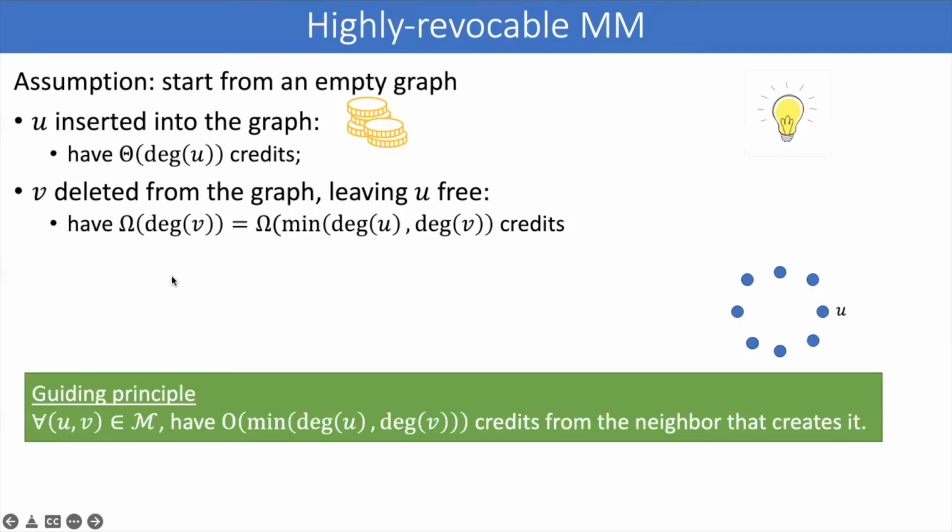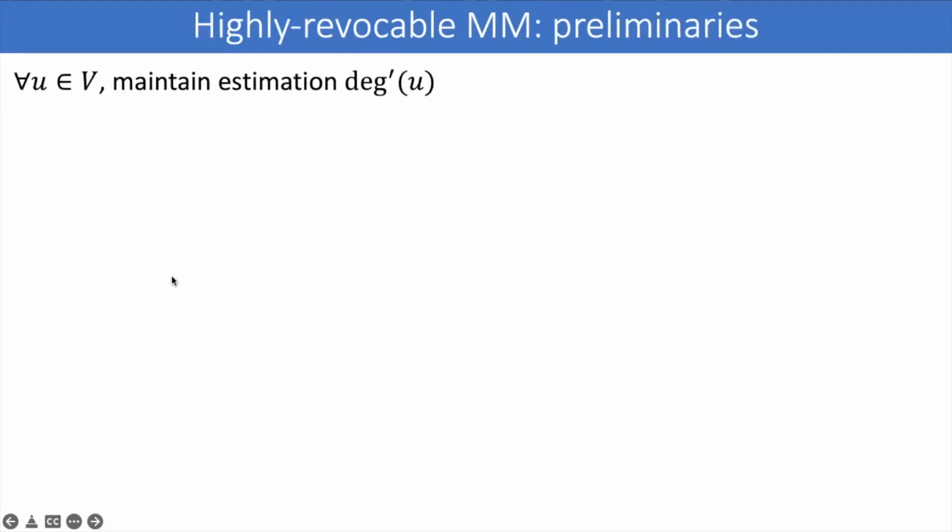For that case, we observe that the amount of credits that the algorithm obtains is the minimum of the degrees of its endpoints. And the guiding principle behind our algorithm is that every edge uv in the matching can borrow min(deg(u), deg(v)) credits from the neighbor that created it. Such a neighbor obtained these credits upon its insertion into the graph.